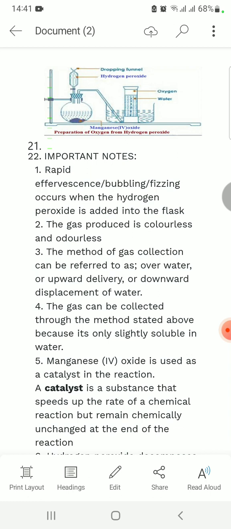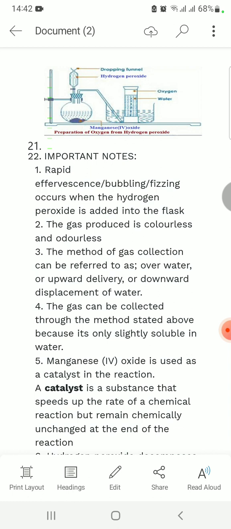The method of gas collection can be referred to as over water, or upward delivery, or downward displacement of water. The gas can be collected this way because it is only slightly soluble in water. Oxygen is slightly soluble in water.